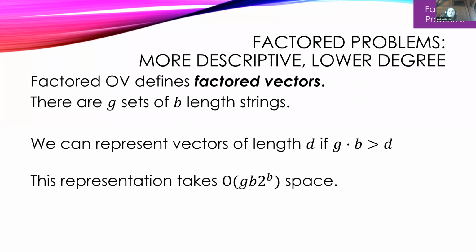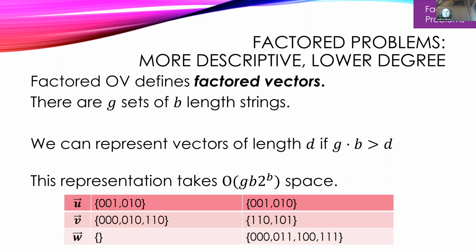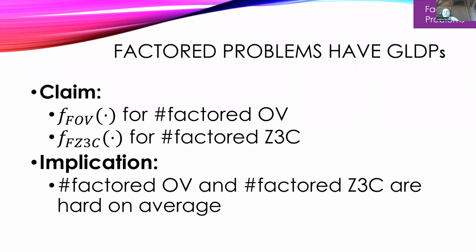So how much space does representation take? Well, it takes G times B times 2 to the B space. And basically, as long as 2 to the B is not too large, we're going to have an efficient representation. The reason we want to make G small and B as large as possible is that, as it turns out, the polynomials that we can generate for these factored problems have degree K times G, where K is 2 in the case of OV and 3 in the case of factored 0-3 clique.